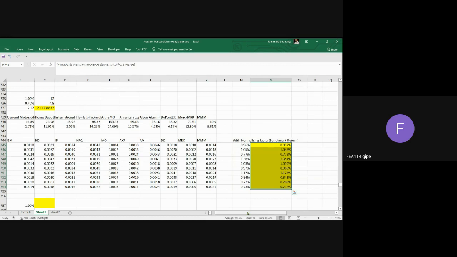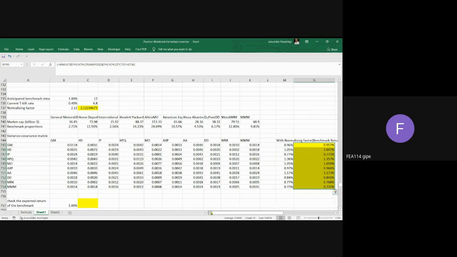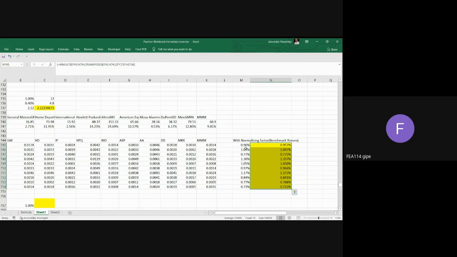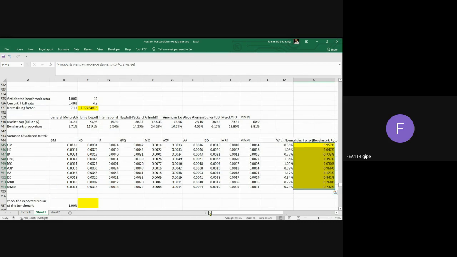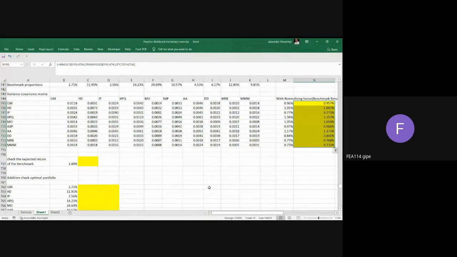Yeah. So now you know what the benchmark portfolio return is. If you use 2.7% of General Motors, 11.9 of Home Depot, and 2.56 and 9.8 of 3M, you will get a benchmark return of 0.96 to 0.73. But we need to check once more: if you have this benchmark return and this benchmark proportion, then what is the benchmark return? That also can be verified.